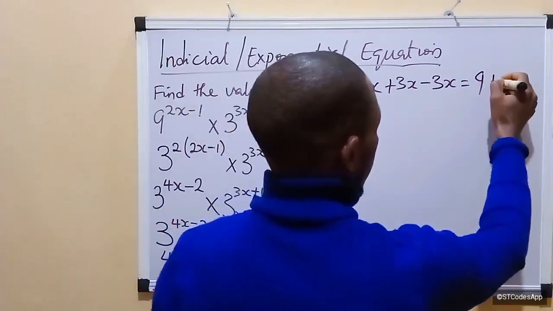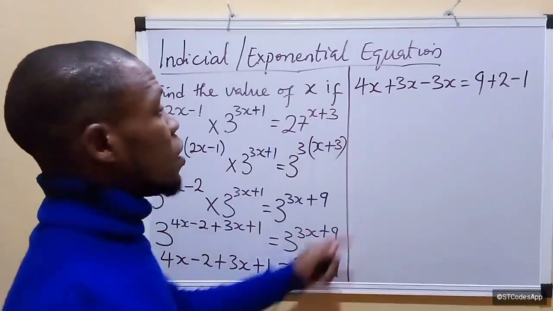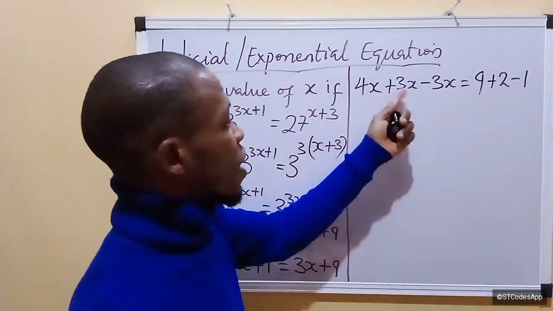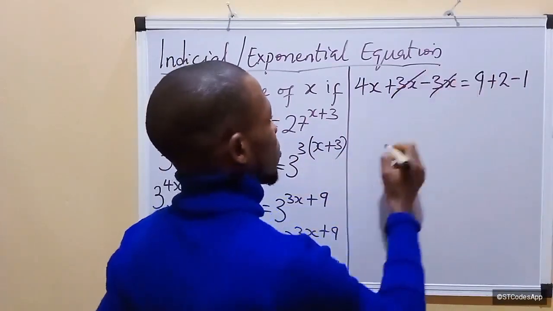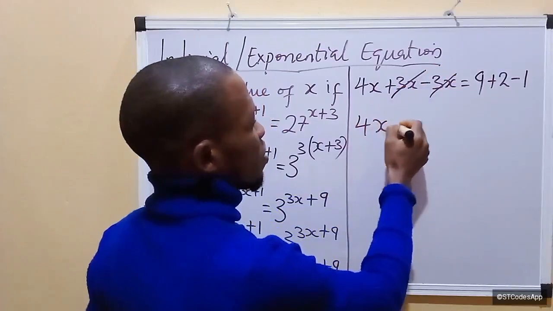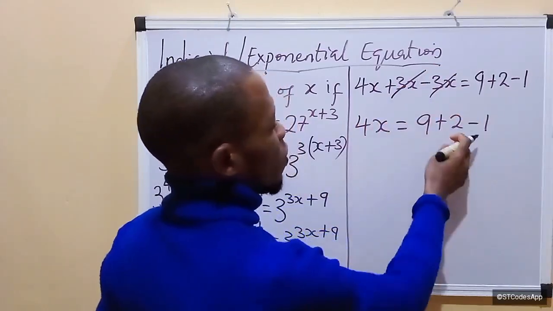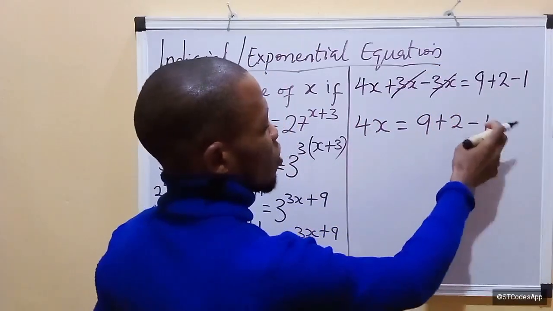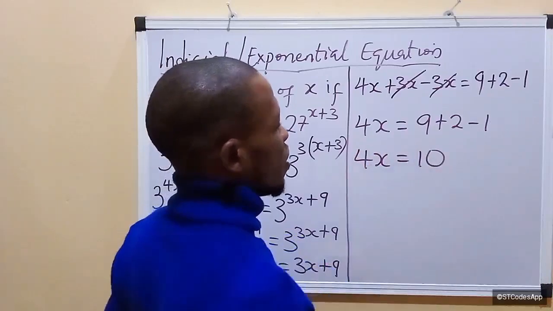So we have plus 2 and minus 1. So now let's simplify this. Here is plus 3x and minus 3x. This cancels out and we are left with 4x is equal to 9 plus 2 minus 1. 9 plus 2 is 11. 11 minus 1 is 10. So we have 4x is equal to 10.